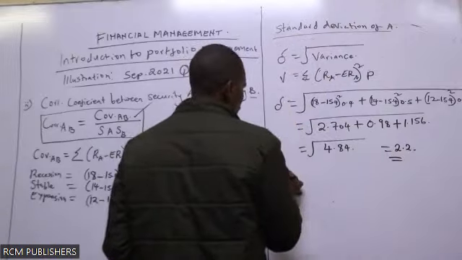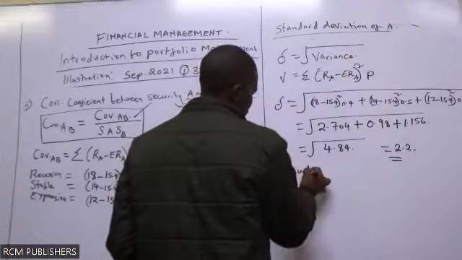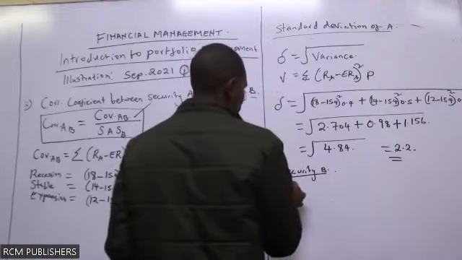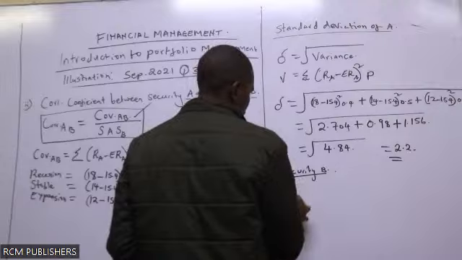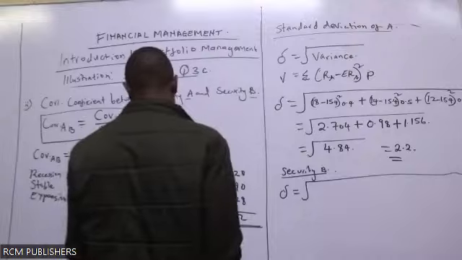Then I do the same for B, security B. The standard deviation is equal to the square root of the bigger, this one now.